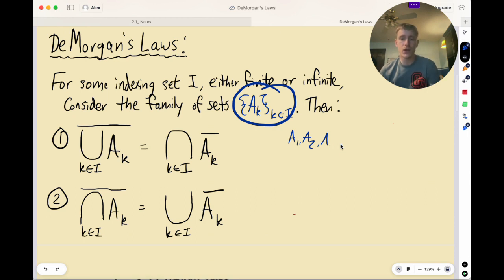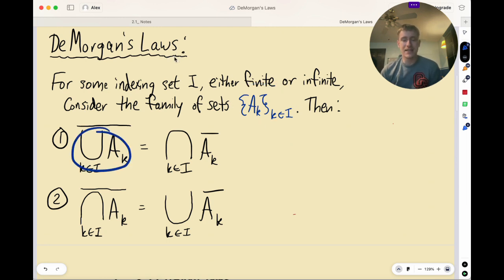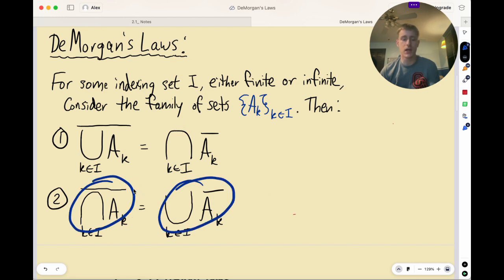Okay, then we have the following results. The complement of the union is the intersection of each of the complements. And likewise, we have the complement of the intersection equal to the union of each of the complements.